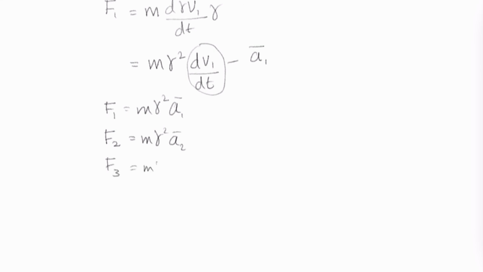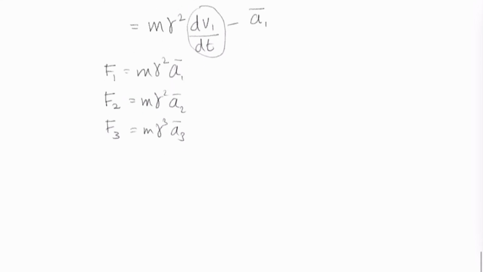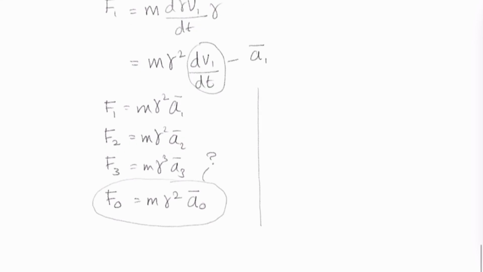F3 is m a3 gamma. Is there anything called F naught, that is m a naught times gamma? Is there anything significant to call F naught? Let's find out. F naught equals m times du naught by dt times gamma.